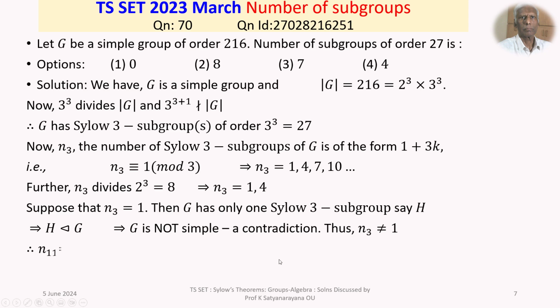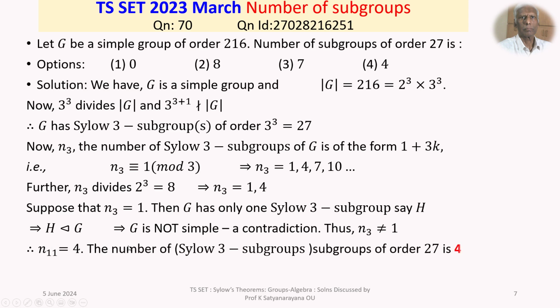Therefore, N3 is 4. N3 is 4. Not N11, it is N3. There is a print mistake. So, the number of Sylow 3 subgroups, or the number of subgroups of order 27, then who are the subgroups of order 27?